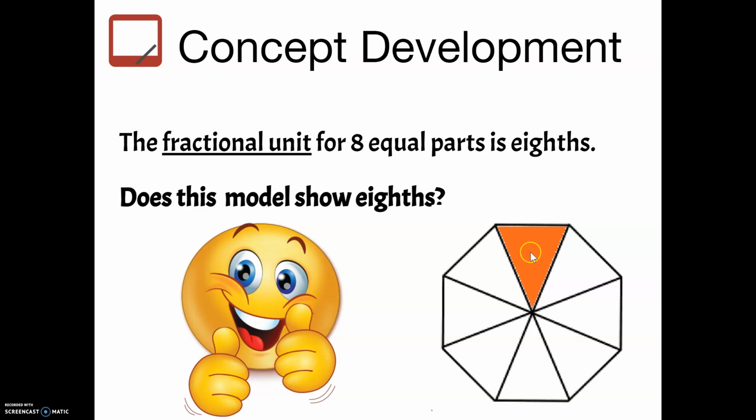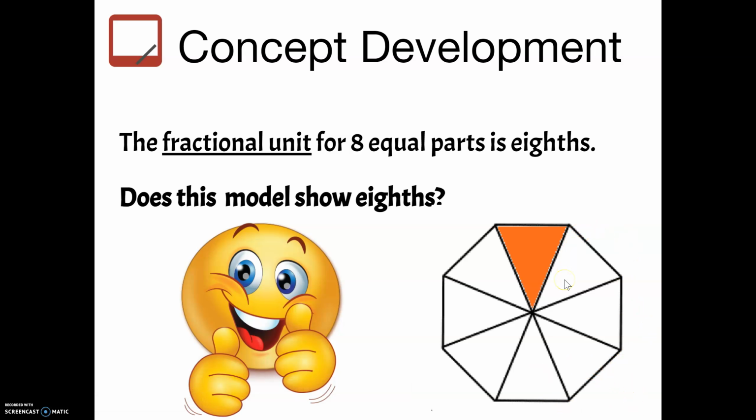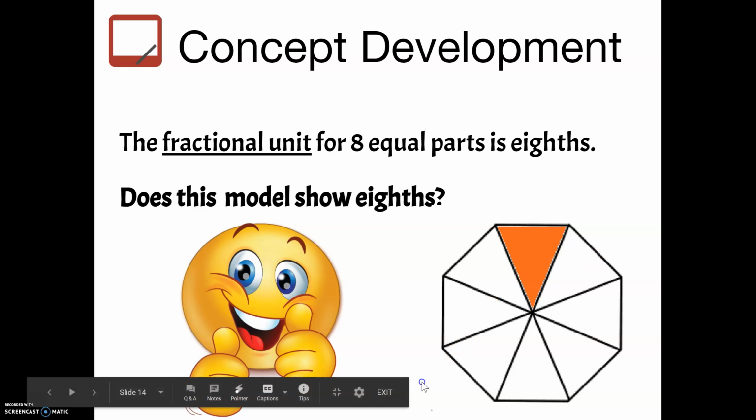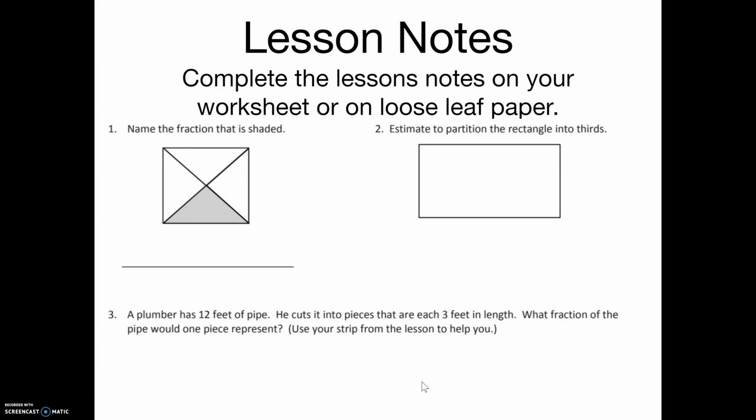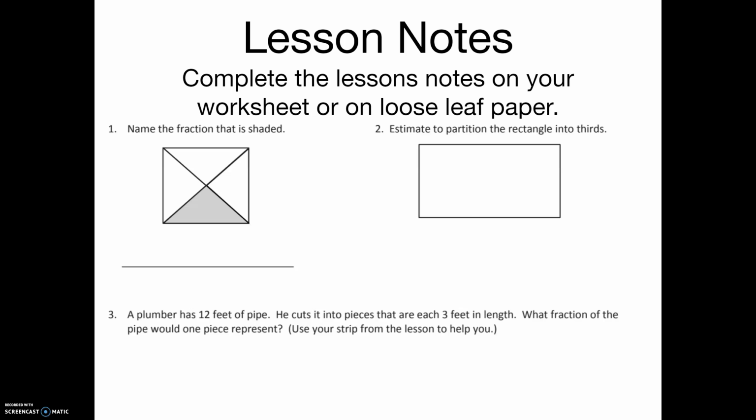Let's count it together. 1/8, 2/8, 3/8, 4/8, 5/8, 6/8, 7/8, 8/8. Now, I want you to remember as you're going through your lesson notes for today that you are looking for the equal parts of a fraction.